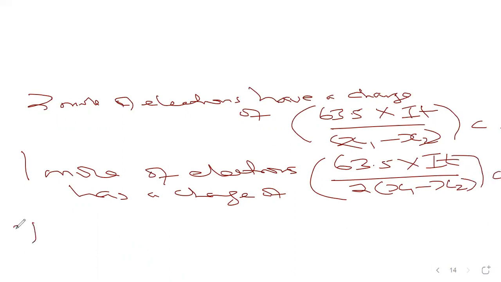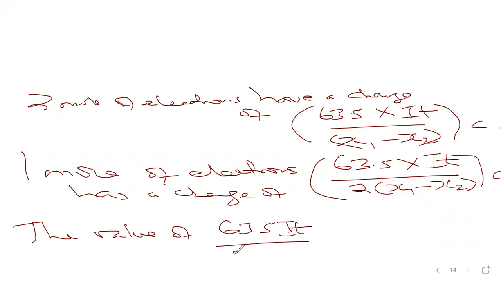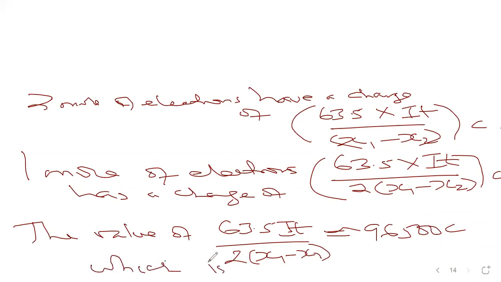And that value of 63.5 IT over 2 into X1 minus X2 is equal to, approximately, 96500 coulombs, which is the Faraday constant.